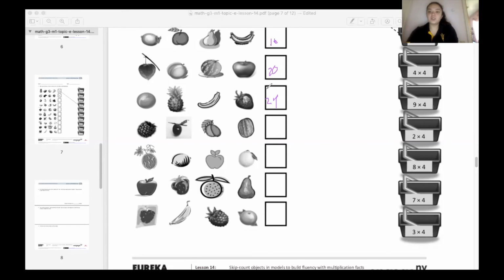So now we're going to continue on, and we're going to move our screen down a little bit.